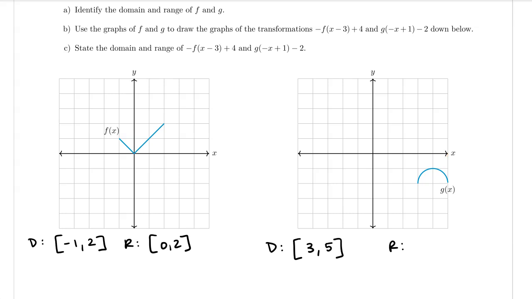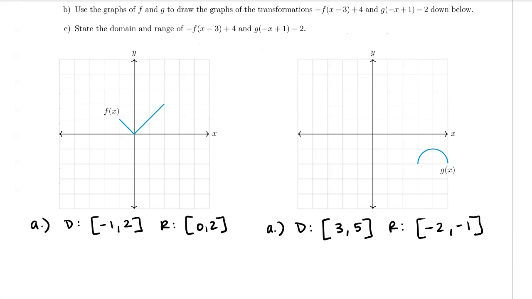And then the range, if we look along the y-axis, the highest y value is -1, and then the lowest y value is -2. But remember, we always put the smaller value on the left side of interval notation. So I'm going to have bracket -2, comma -1, bracket. And that is our answer for part A.